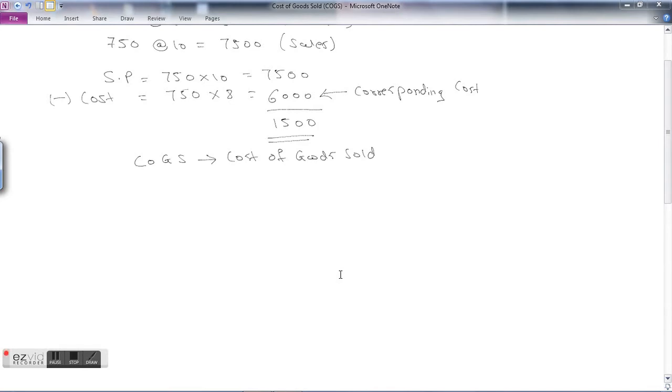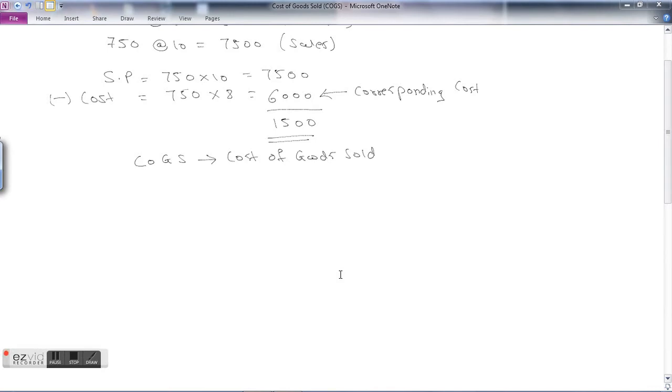For example, in a manufacturing or processing industry, there may be 1,000 varieties of raw materials, 1,000 varieties of work in progress, then 1,000 varieties of finished goods. Similarly, even a normal retail shop may have 1,000 varieties of goods. So practically it's not possible to calculate the selling price and corresponding cost price of each and every item.